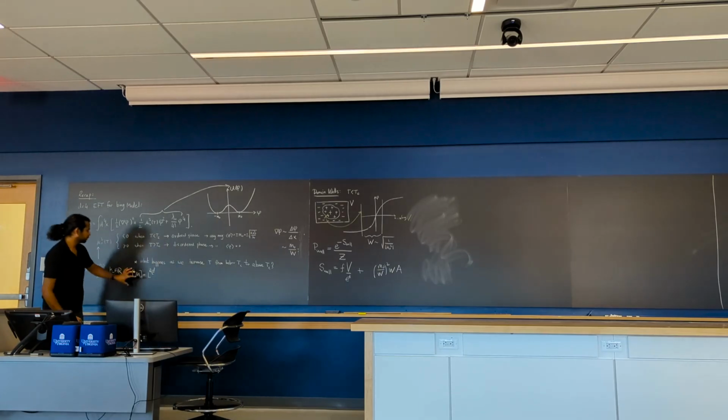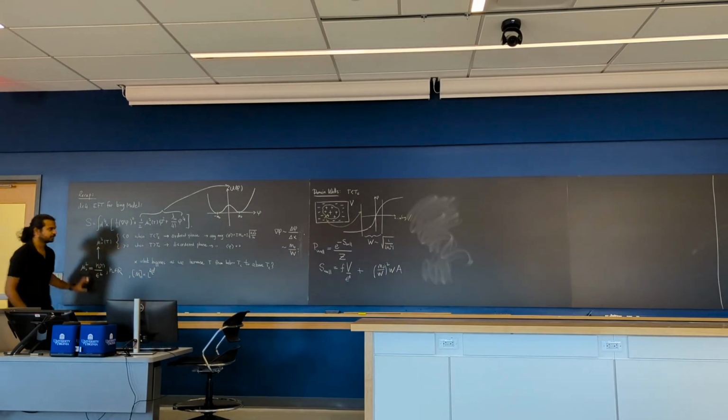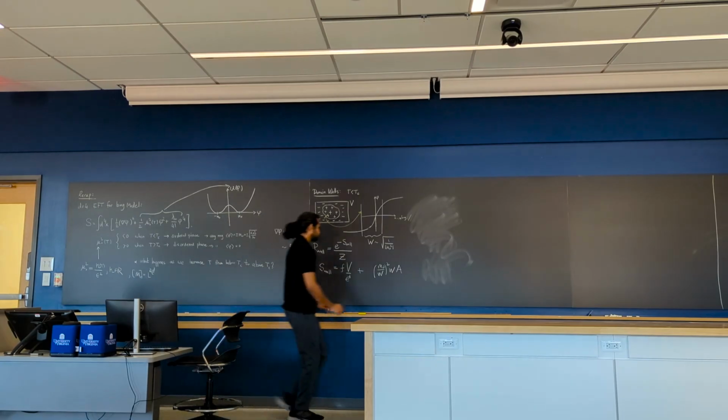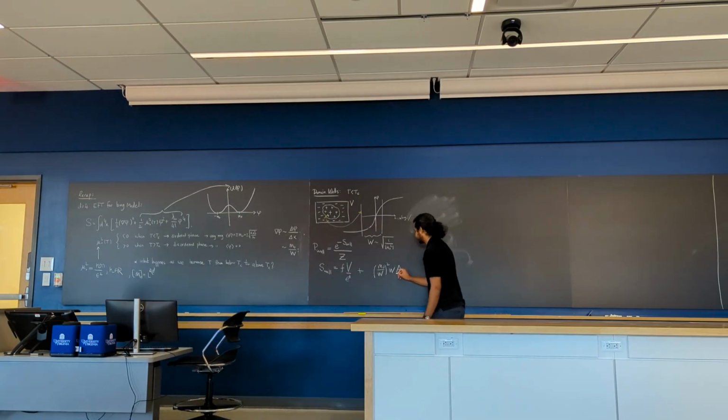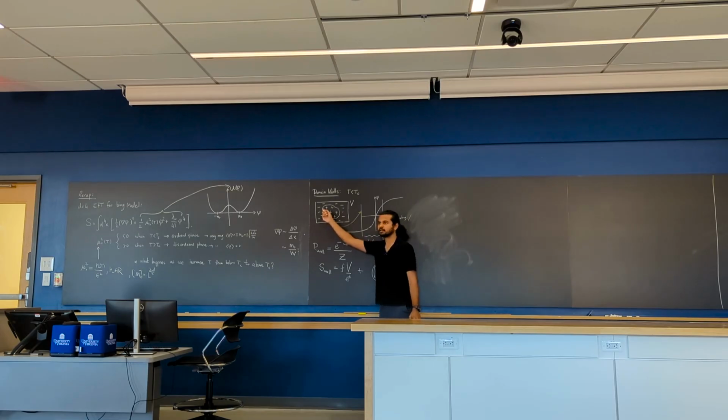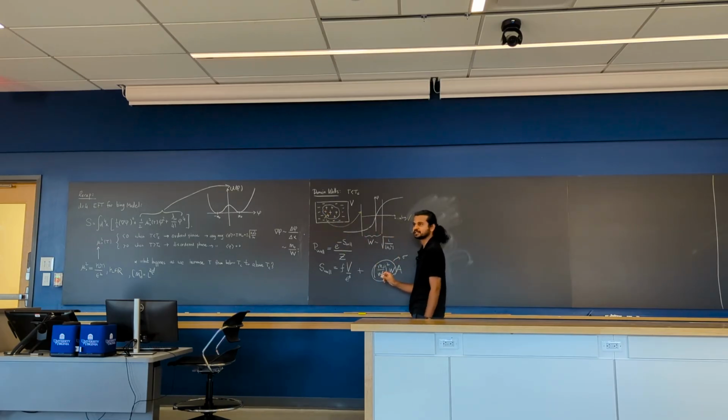Right, so we can use this and this to write this bit. Last week we called it the string tension. This is the extra energy contribution due to the wall. We called it sigma, the string tension.